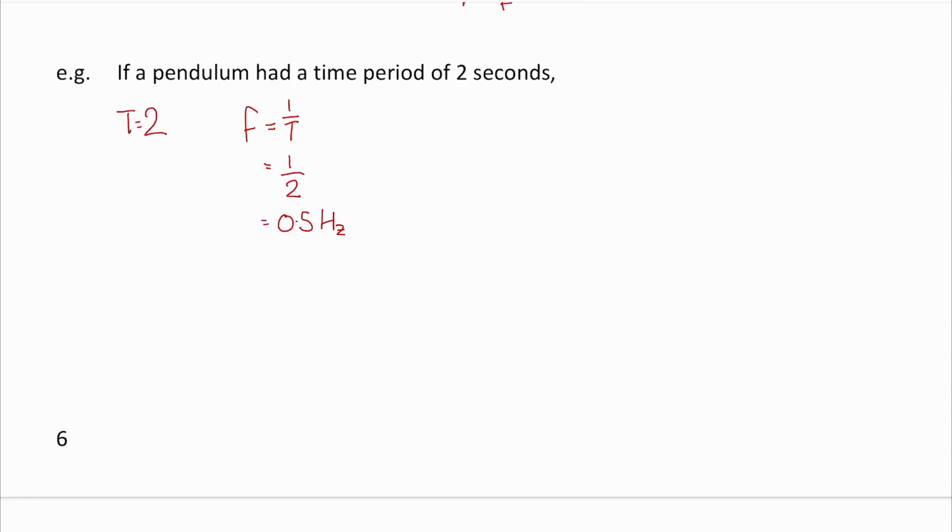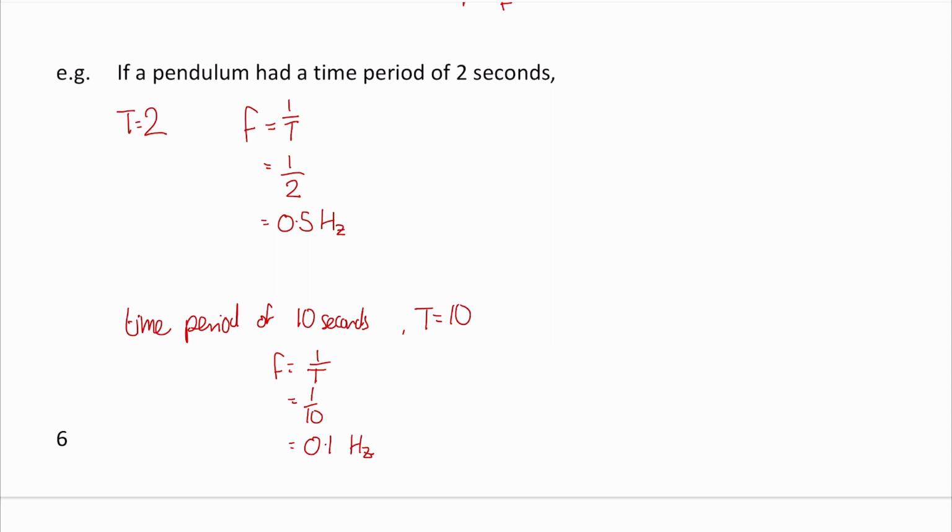Let's think of another example. Let's say something had a time period of 10 seconds. In other words, T equals 10. So the frequency equals 1 divided by T equals 1 over 10 equals 0.1 hertz.